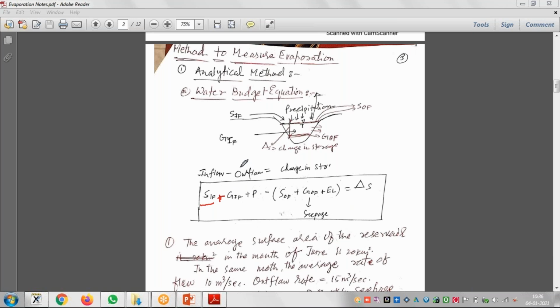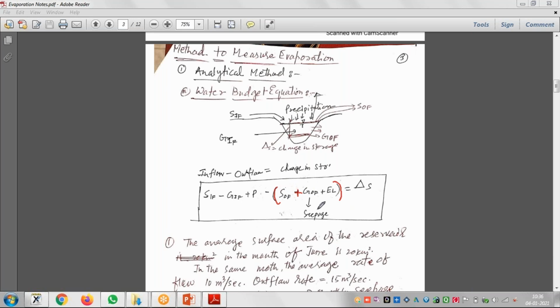Surface inflow plus ground inflow, because this inflow is coming, so these are plus. That is ground inflow plus P, what is P? Precipitation, the rainfall. Minus what is going outside: minus SOF, and again GOF is also going outside. Whatever I have taken in the bracket is in plus, and when it comes outside it becomes minus.